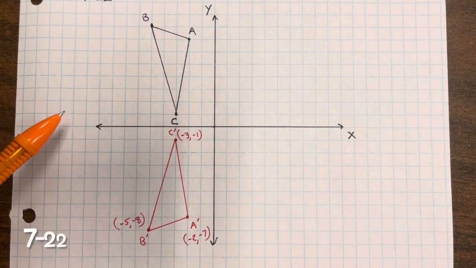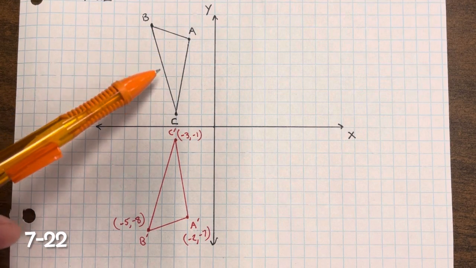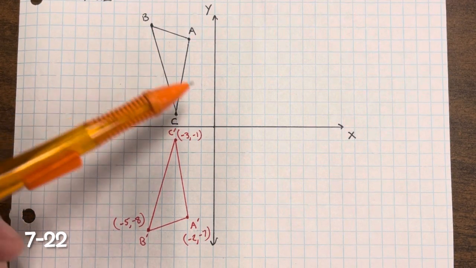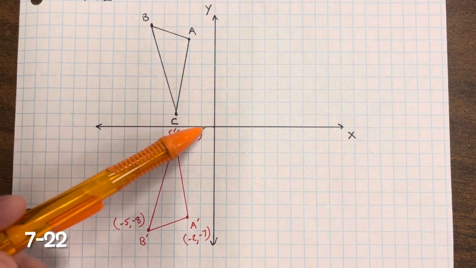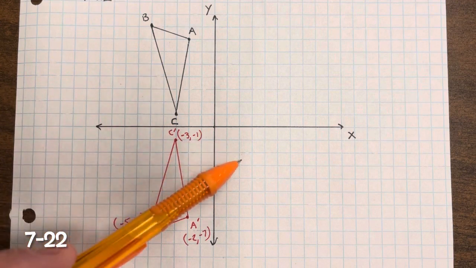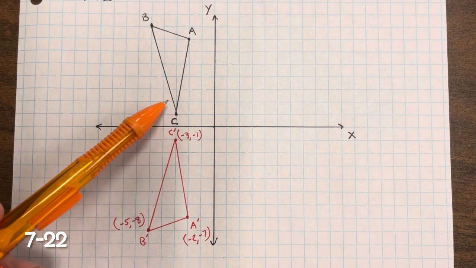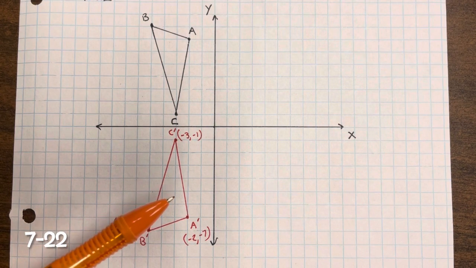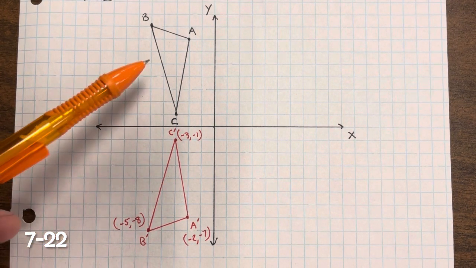For number 22, we have triangle ABC. A is at negative 2, comma 7, B is at negative 5, comma 8, and C is at negative 3, positive 1. What we need to do now is reflect across the x-axis.